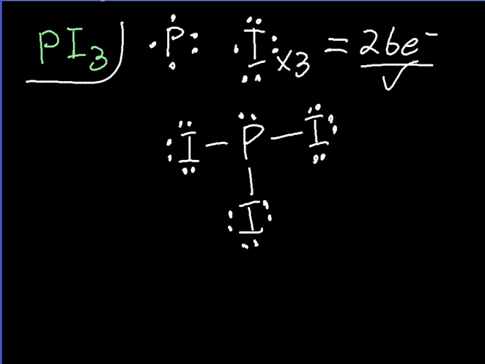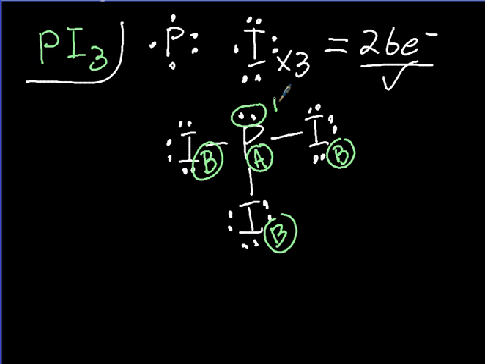Again, you can do the labeling. The P is the A atom, and each iodine is a B. Then again, look for electron pairs. One thing you want to notice is that we only worry about the electron pairs on the A atom. We do not worry about the electron pairs on the peripheral atoms, these iodines, the B's.